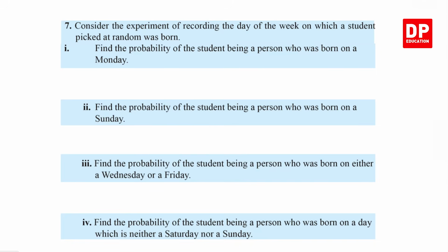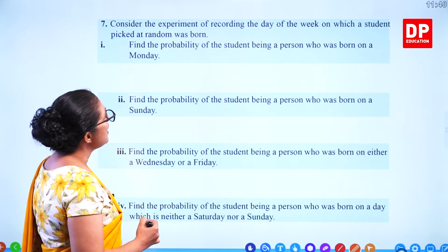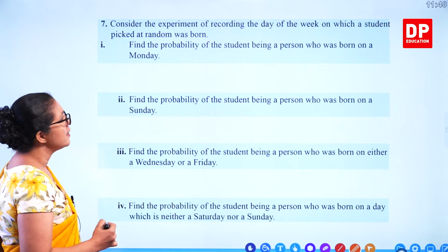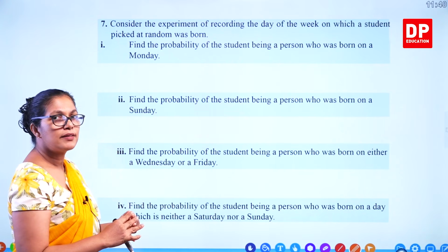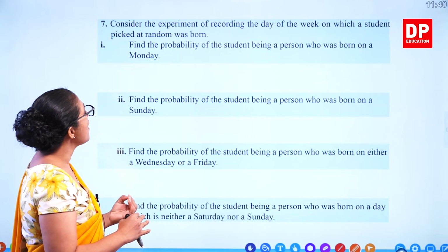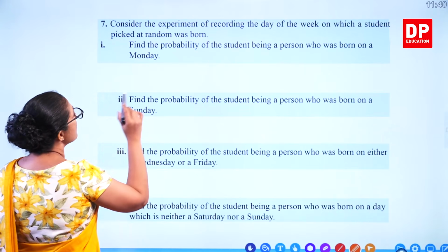Consider the experiment of recording the day of the week on which a student picked at random was born. Find the probability of the student being a person who was born on a Monday. So how many days are there? 7 days. Monday, Tuesday, Wednesday, Thursday, Friday, Saturday and Sunday. So 7 days are there.